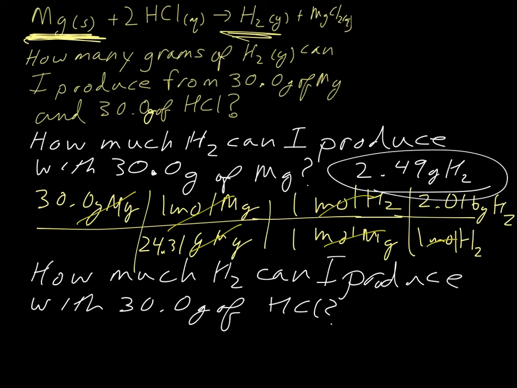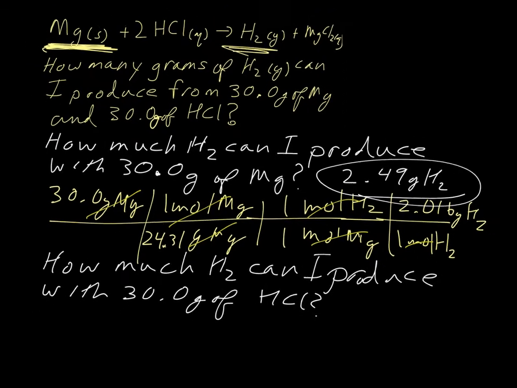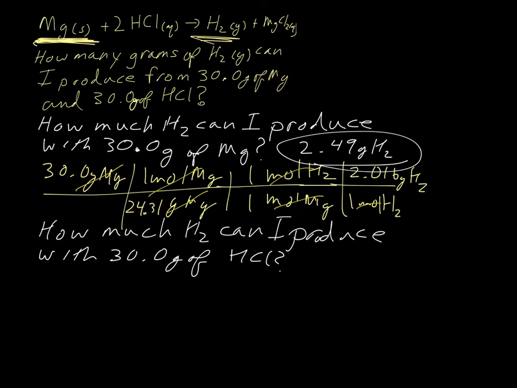Now let's try it again, this time starting with my 30 grams of hydrochloric acid. I need a new color. There we go. Okay, 30 grams of hydrochloric acid. I don't want grams of hydrochloric acid.